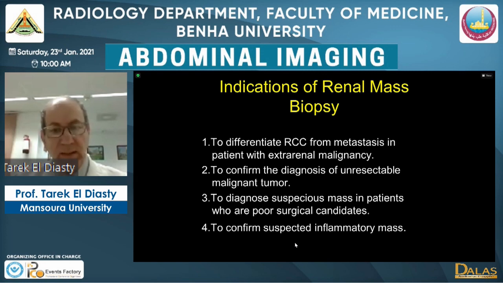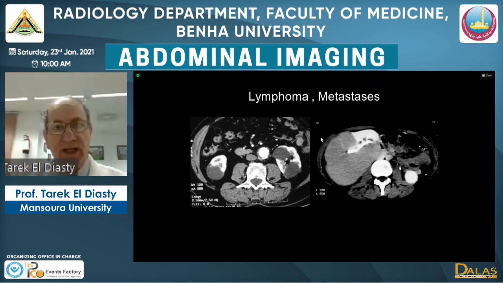as in cases with xanthogranulomatous pyelonephritis or chronic pyelonephritis. There is also another indication, like this case, to differentiate lymphoma, metastasis, or multiple bilateral renal masses, like this patient with a large mass on the right kidney with no cystic degeneration, which enhances less than the renal parenchyma. So it is characteristic of renal lymphoma.